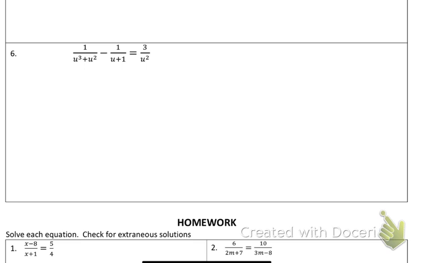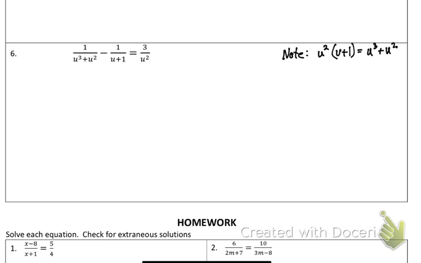So what I would probably do is take the two smaller ones. So I'm looking at u squared, and I'm going to see what happens if I multiply that by that u plus 1. Well, if I distribute this, we're going to end up with u cubed plus u squared. So that means that u cubed plus u squared is really just comprised of u squared times u plus 1.